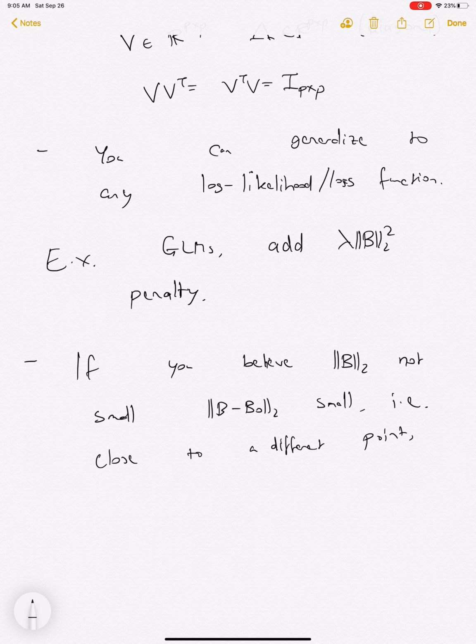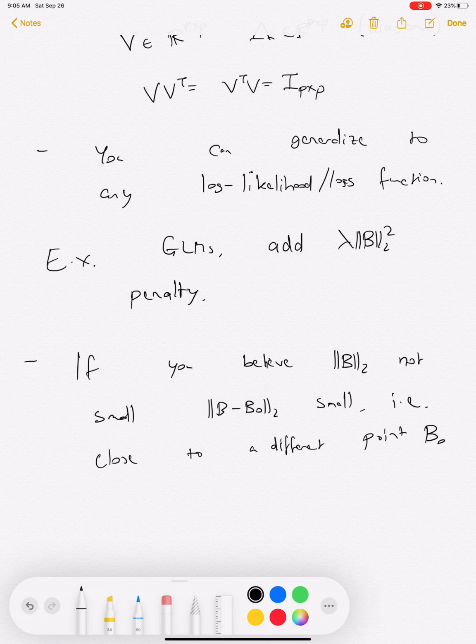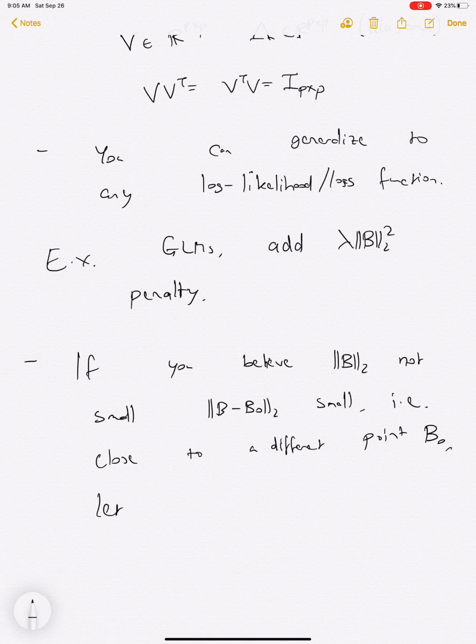If you believe that the L2 norm of B is not small, but the L2 norm of B minus B0 is small, or close to a different point B0, you simply let R of B be that.